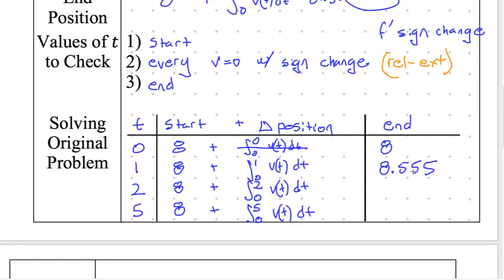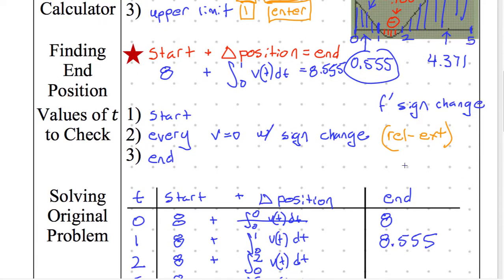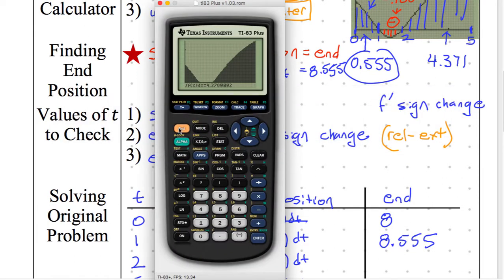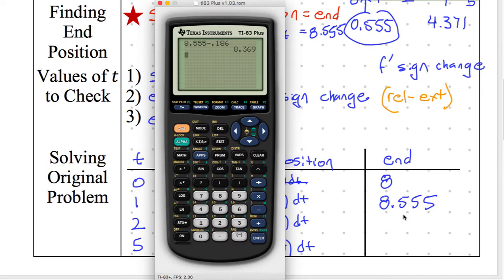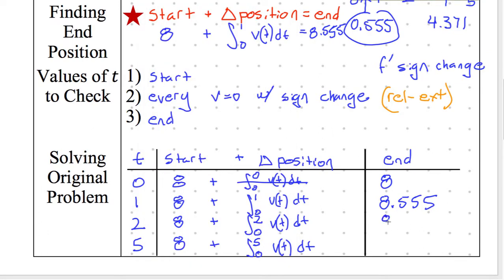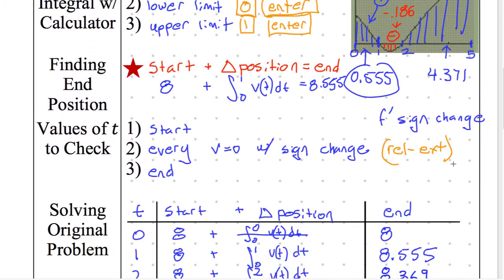What do I get? Do we get 8.369? And finally, we have to add our 4.371.